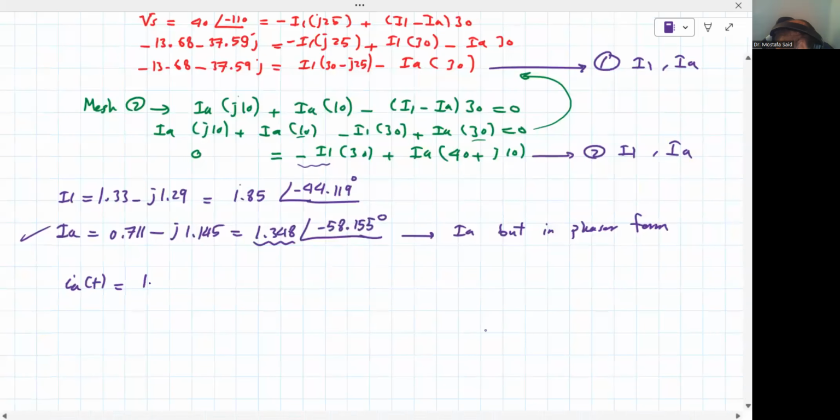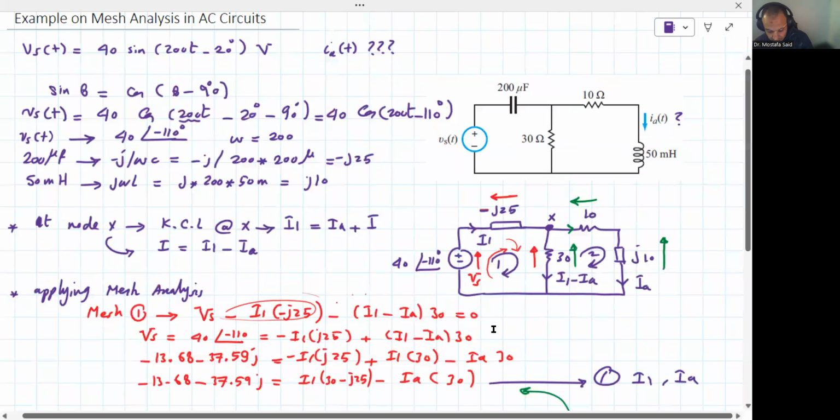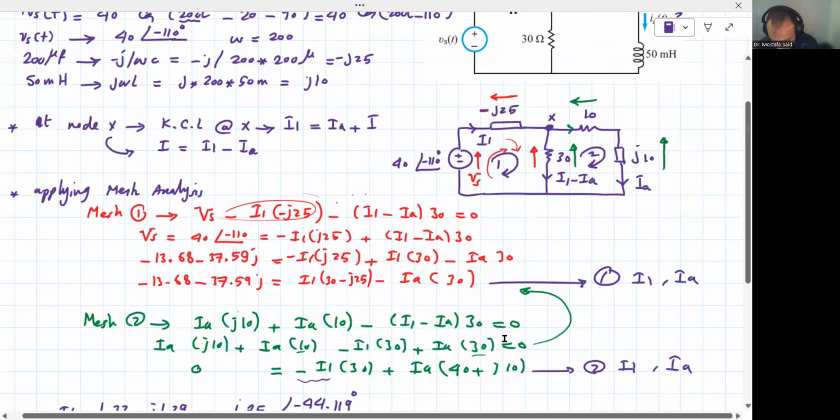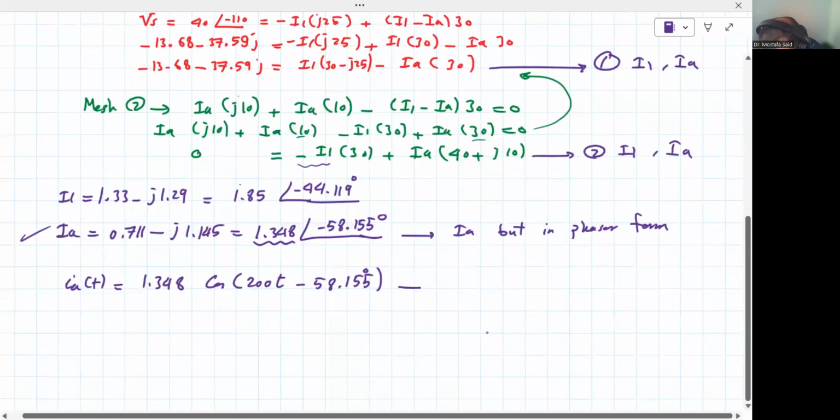Remember, it's a cosine, not sine. 1.348 cosine, where omega is the same as before, 200t, and the phase is minus 58.155 degrees. That's basically IA in the time domain, which was the requirement of that problem.